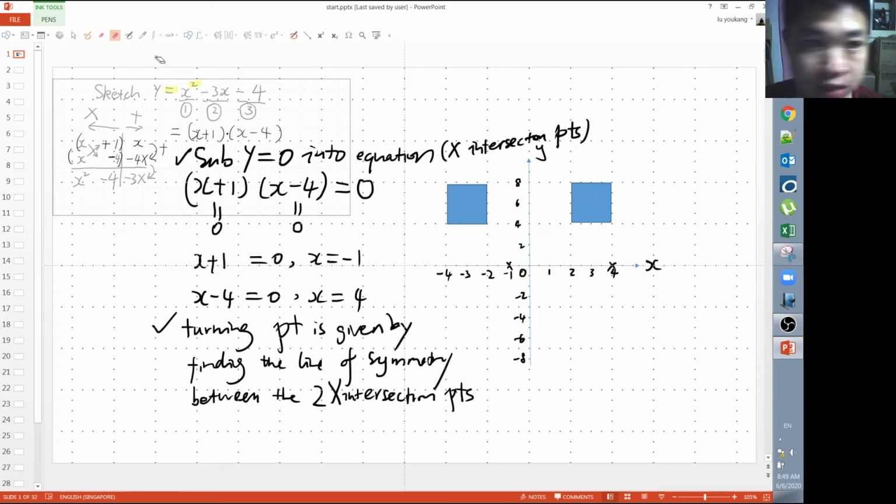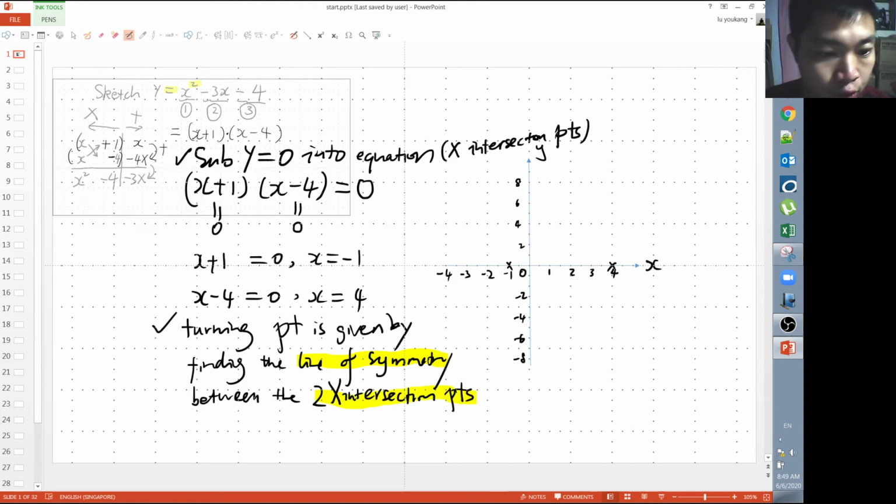Let me find my line of symmetry for the question here. I need to find the line of symmetry between the two x intersection points. How do I do that?